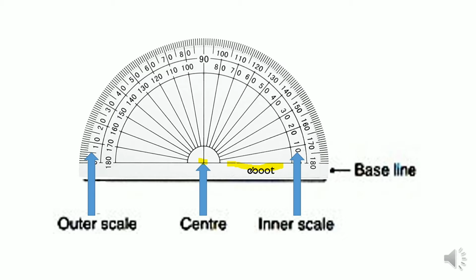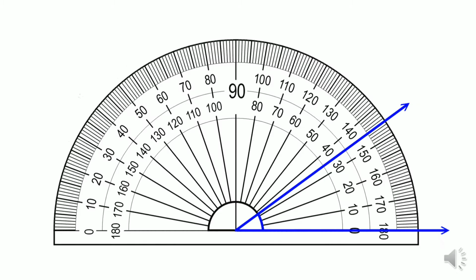When we are going to measure the angle, the center of the protractor and the vertex of the angle must coincide, and the baseline and the angle line like this. See here, this is the angle which we want to measure. This is one arm, this is another arm, two arms it has.